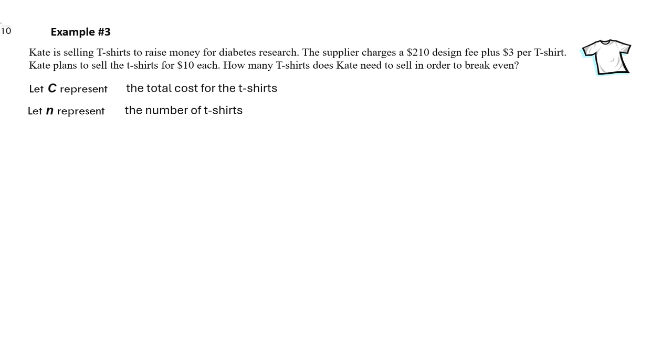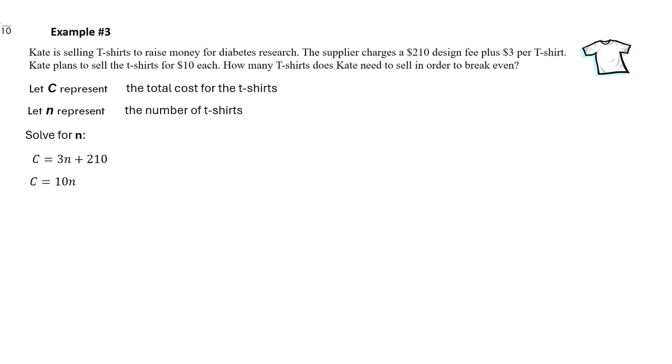The $3 is our m value. So we could write an equation that says C equals 3 times N, or $3 for each t-shirt, plus the initial setup cost of $210.